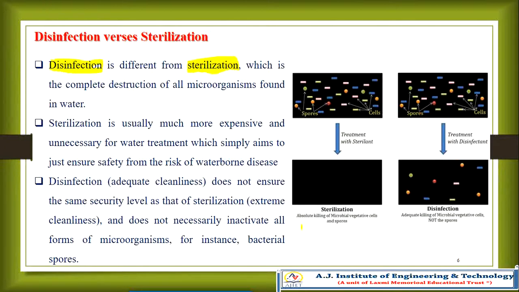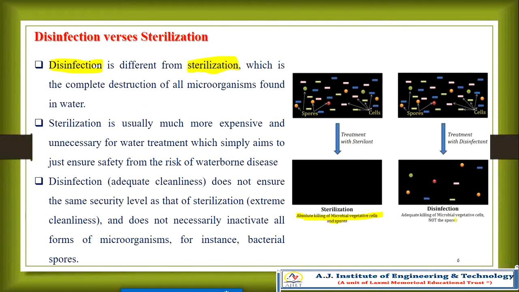Sterilization is absolute killing of microbes as well as vegetative cells. Disinfection is different from sterilization, which is complete destruction.